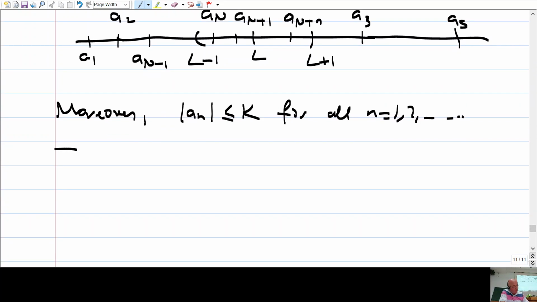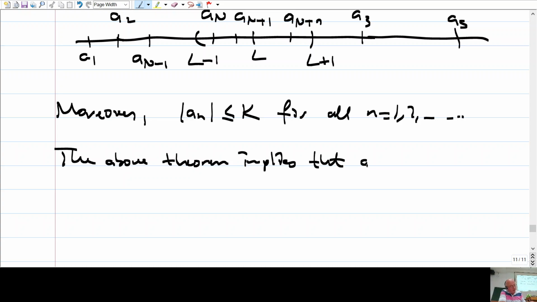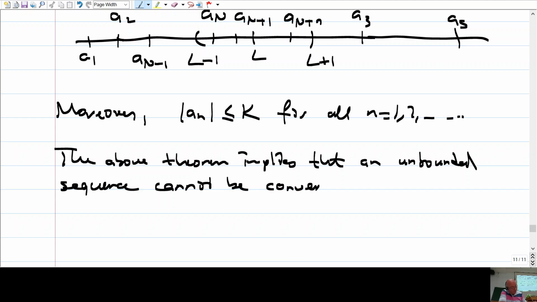The above theorem implies that an unbounded sequence cannot be convergent.